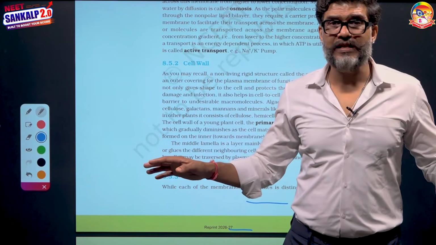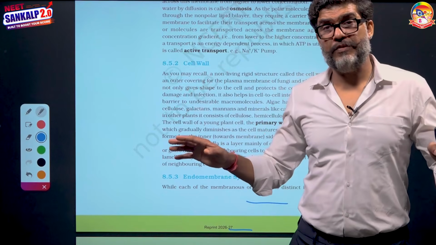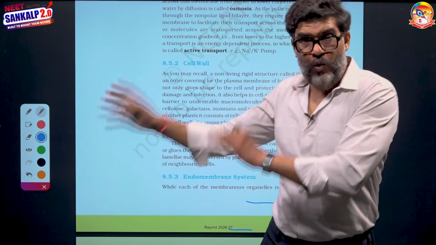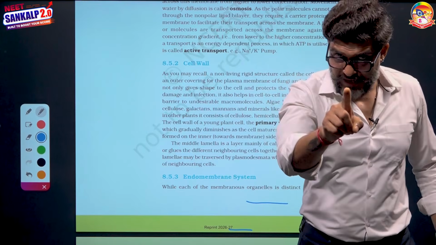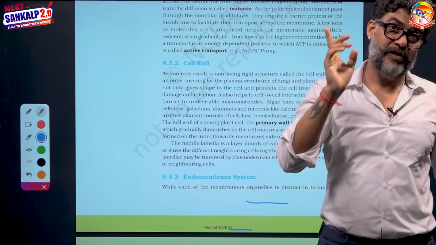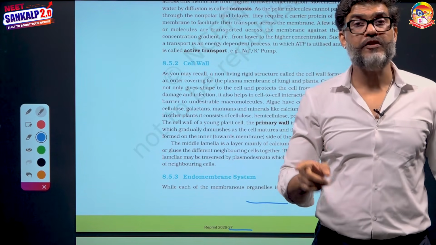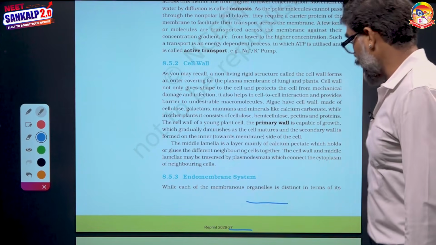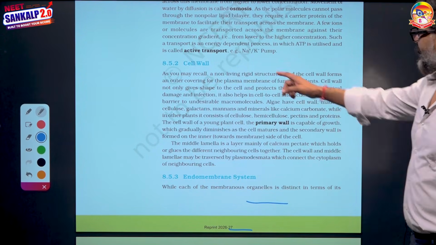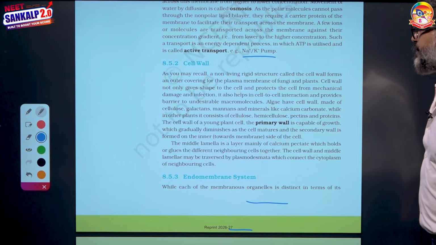If a concentration gradient is not there, meaning the substance is moving from a low concentration area to a high concentration area, then we need a carrier as well as energy. When there is the requirement of a carrier as well as energy, this is called active transport. One example mentioned is the sodium potassium pump.